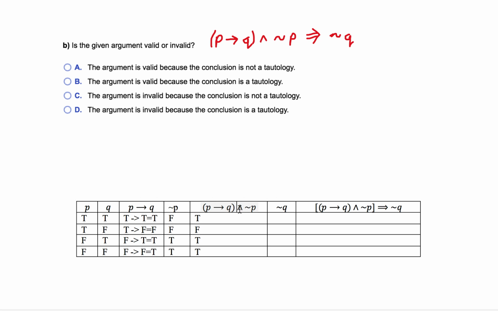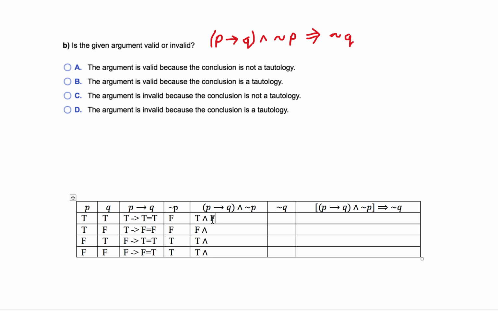I am going to do my and symbol. And then I'm going to copy the negation of P column.